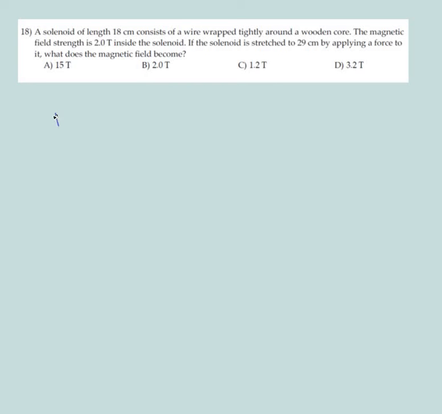But here it is. The ratio is like B1 L1 equals B2 L2. Let's assume that B1 is the magnetic field of the solenoid that has a length of 18 centimeters, and this is 2 teslas. L1 is 18 centimeters, you can put it like 0.18 meters. B2, we don't know.